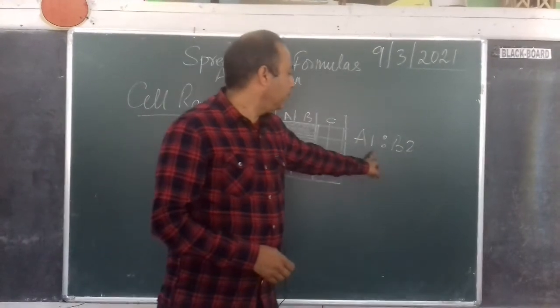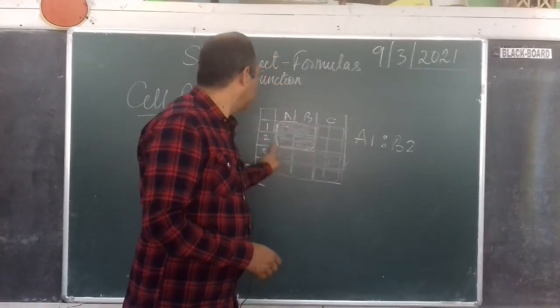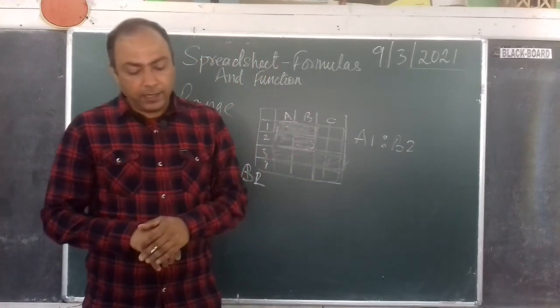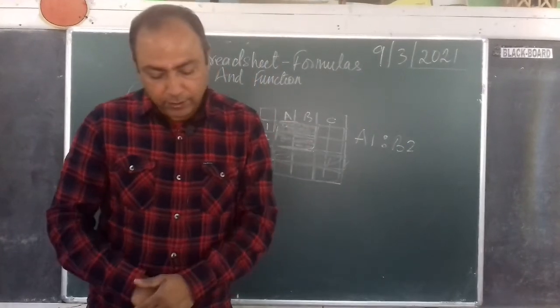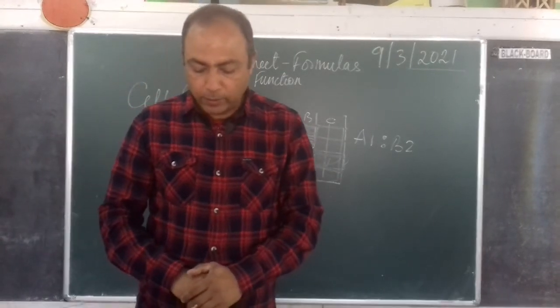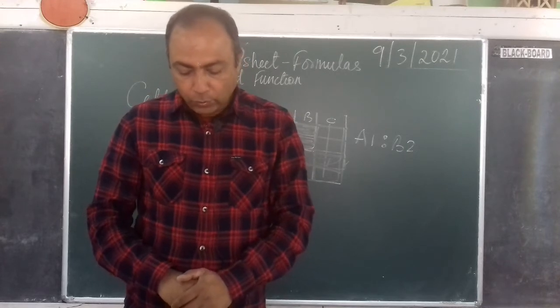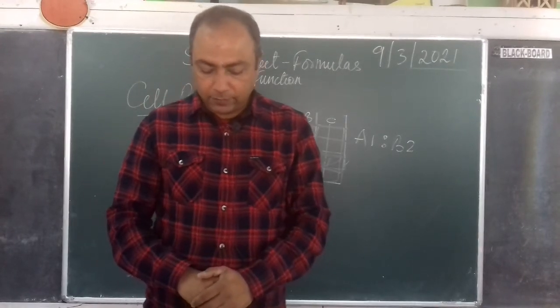So this name will come. Suppose I am selecting A1 to B2, this particular block. Now A1 to D6 includes all the cells in the highlighted area as shown in figure 10. It includes all the cells there, and each row has 6 cells and each column has 4 cells.